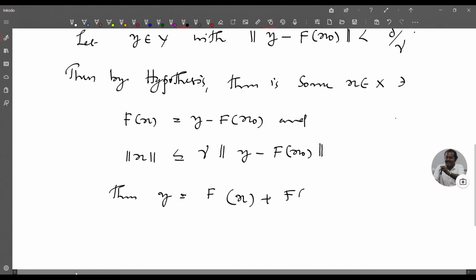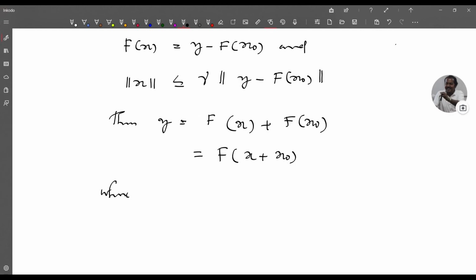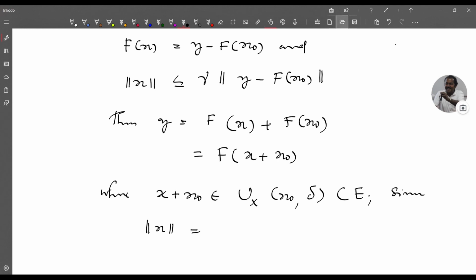So, this is f of x plus x naught, where x plus x naught belongs to U_X(x naught, delta), which is contained in E. This is because norm of x is less than or equal to gamma times norm of y minus f of x naught, and norm of y minus f of x naught is less than delta by gamma.